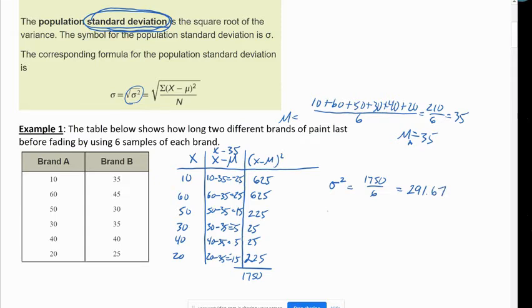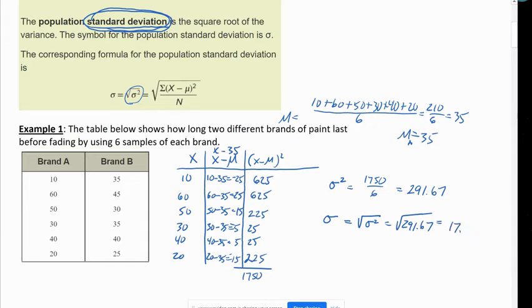So that is our variance, and that number tells us how spread out our data is. And the standard deviation, which is sigma, is the square root of that. Square root of sigma squared, so that's the square root of 291.67, and that is 17.0.